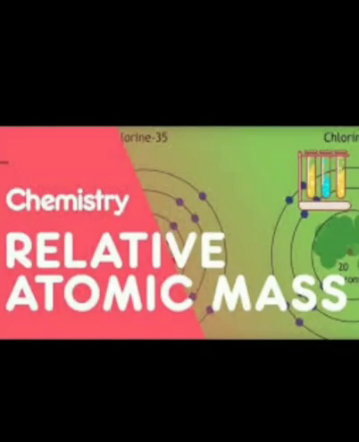As we know that atoms are very small and very light, and it is difficult to find out the atomic weight of an atom. So the scientists used an indirect method to find out the absolute mass of atoms. First they chose the hydrogen atom, as we know it is the lightest element.